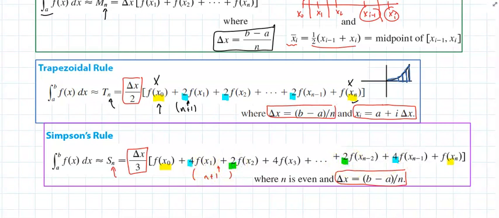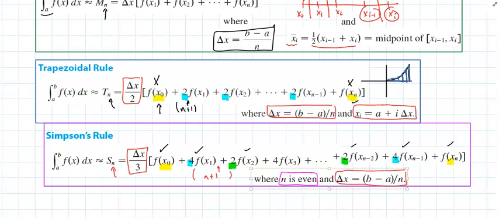So we start with the outermost evaluations picking up nothing, then a 4, then a 2, then a 4, then a 2, which indicates that n must be even whenever I'm using Simpson's rule. So it's not that bad if you get those out of the way.